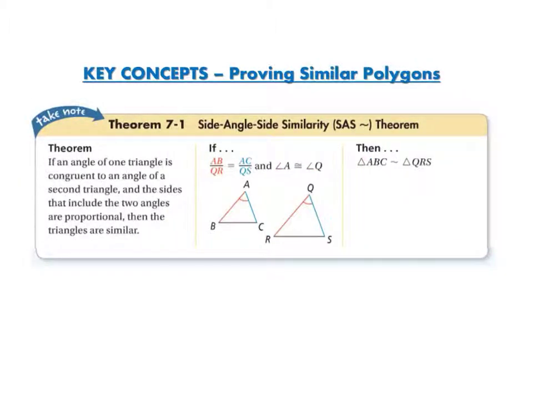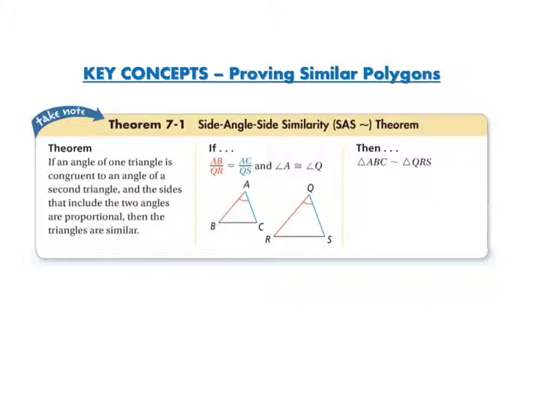Here's the side-angle-side similarity theorem. It says if an angle of one triangle is congruent to an angle of a second triangle, and the sides that include the angles are proportional, then the triangles are similar.